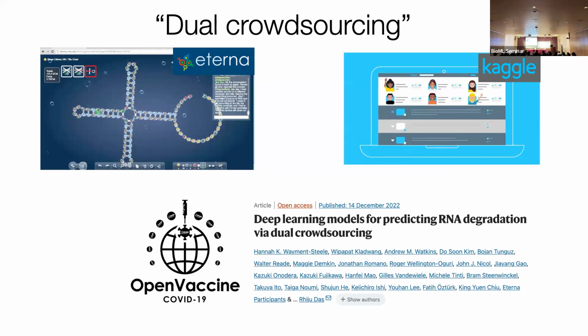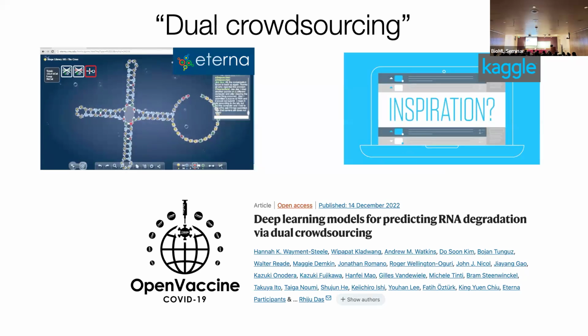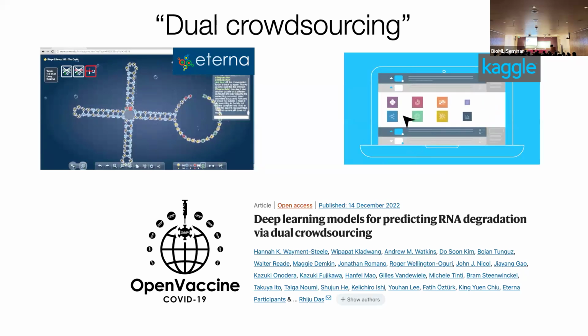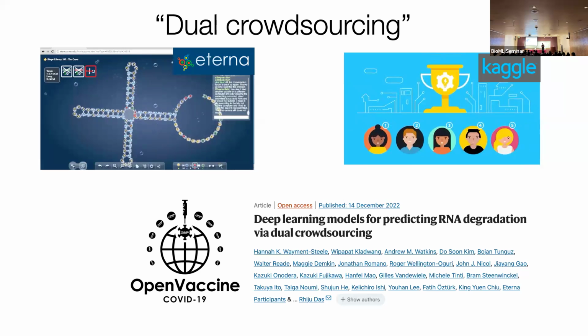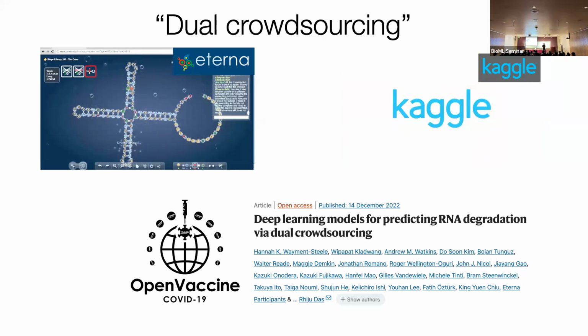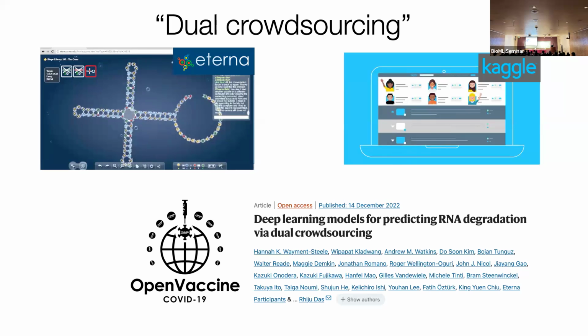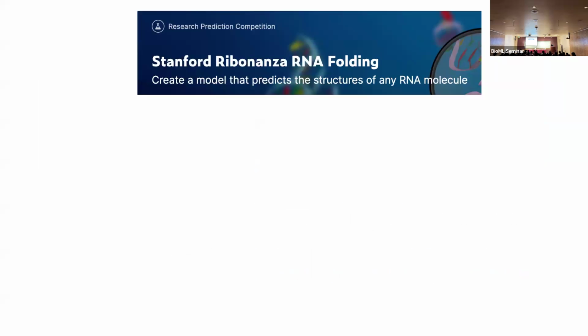So the new competition I'm going to tell you about involves roughly 1,000-fold more data than the open vaccine competition. And it's seeking to get not just a model of RNA degradation, but basically general models of RNA structure. Okay. And the data set in this competition, we decided to call Ribonanza.